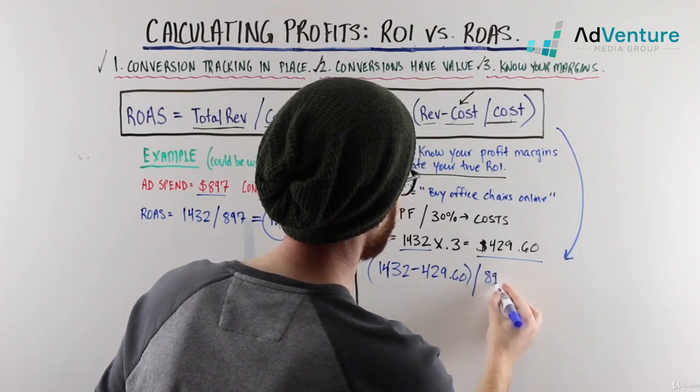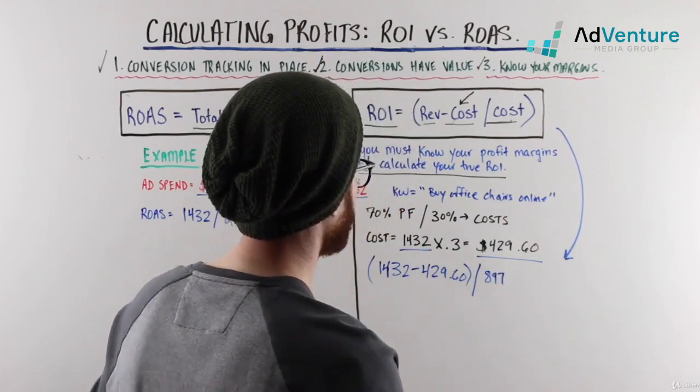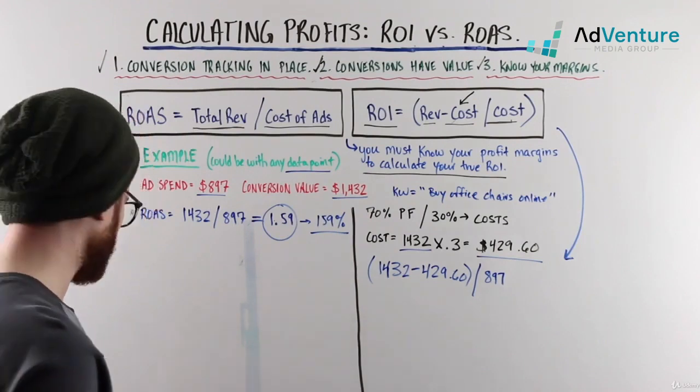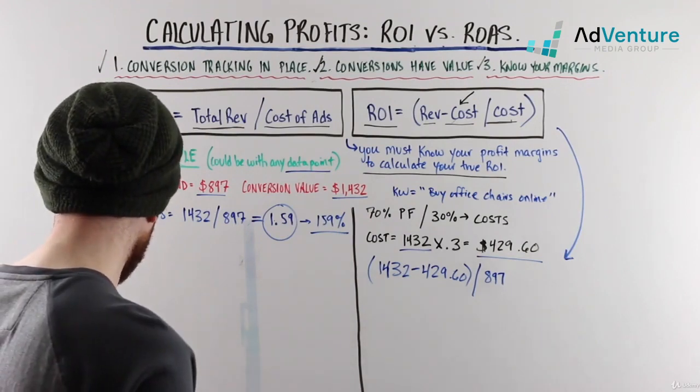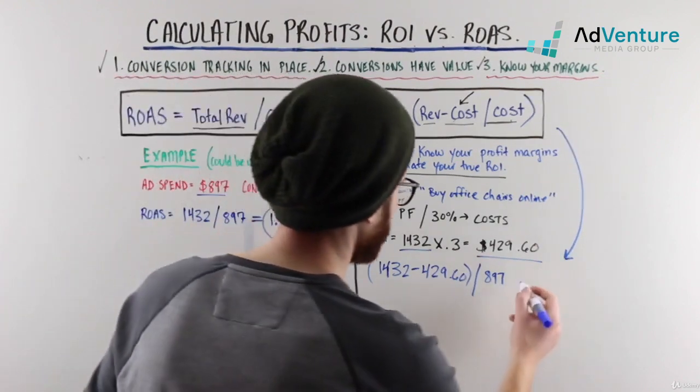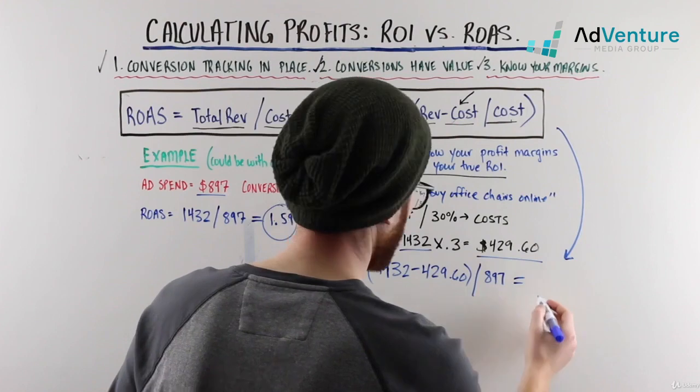Okay, that's how much we spent on advertising. So that's going to be our calculation to determine what our ROI truly is. Okay, and if you do this math, you get a value of 1.11.